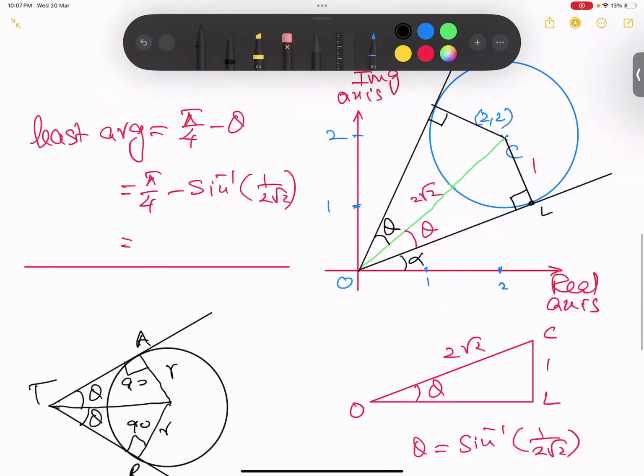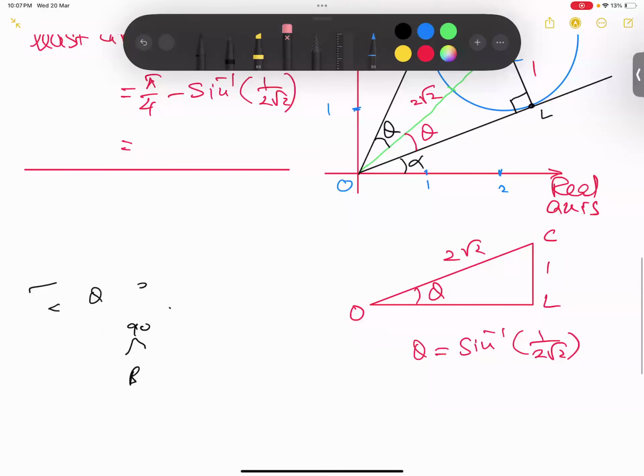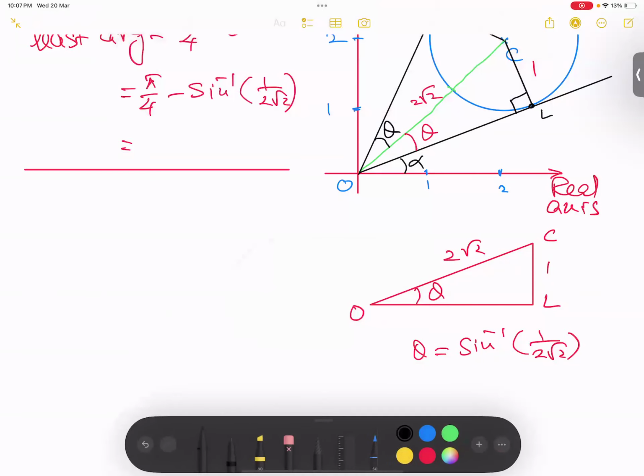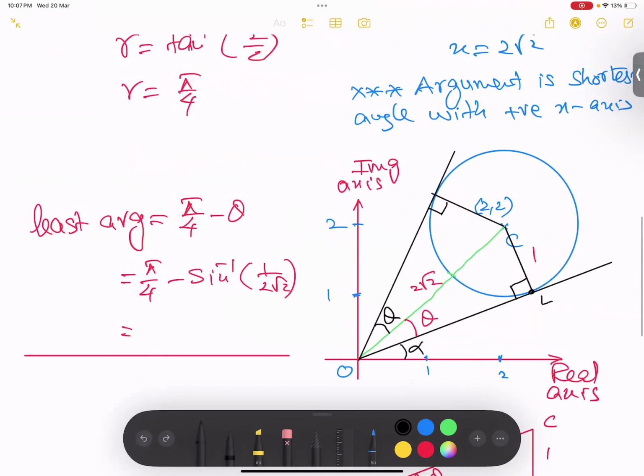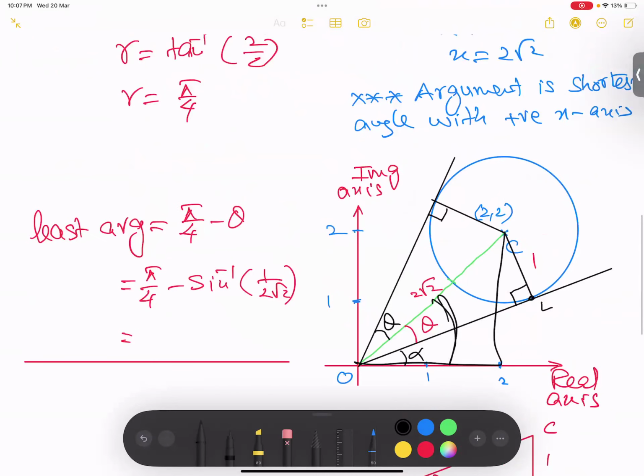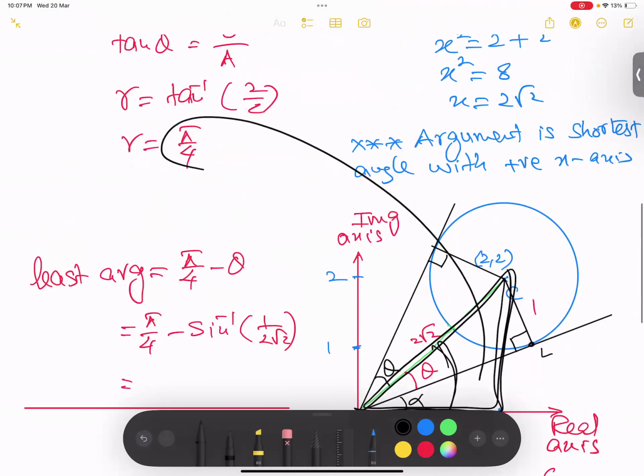So if I ask you to please find the modulus, find the argument of the largest argument, it is not a hard job for us. Look at here. I just mentioned again, this alpha is the least argument, and the largest argument is from here till here. But hold on, I can answer in no time. This is theta. So this is pi by 4. How pi by 4? I talk about this big triangle, which I just got on the top, pi by 4.